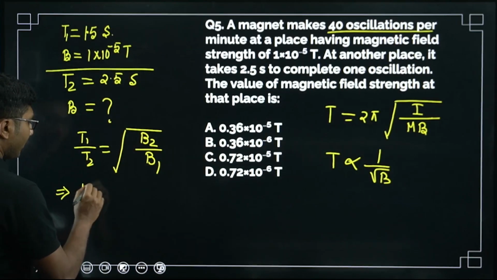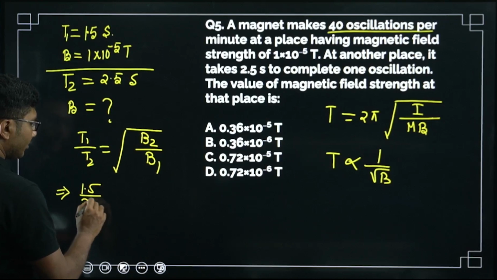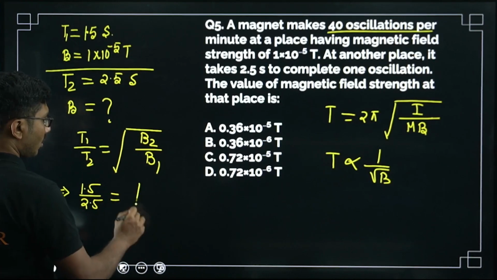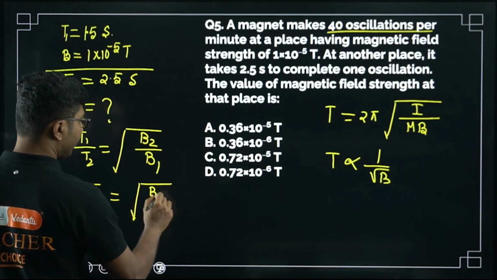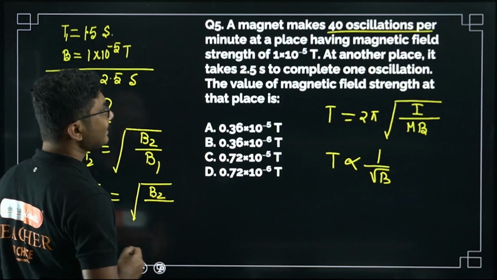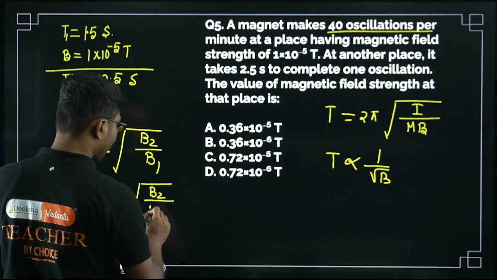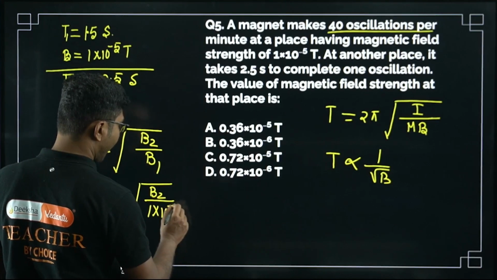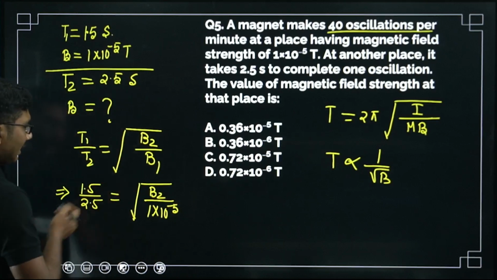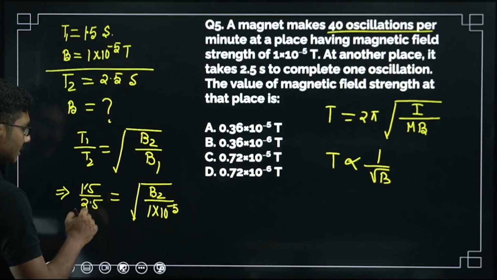Now what is T1? T1 is 1.5. What is T2? T2 is 2.5. B2 we don't know, we are trying to find that out, and B1 is 1 times 10 to the power of minus 5. Okay, now let me cancel, this decimal goes away.